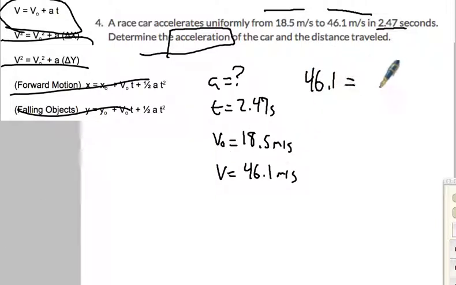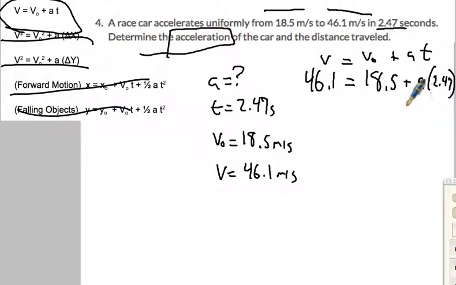46.1 equals my starting velocity, 8.5, plus acceleration times time. So I plugged everything in. I have to isolate this variable. These two are technically stuck together, so I have to move this one first. It's positive 18.5, so to move it I'll do negative 18.5.